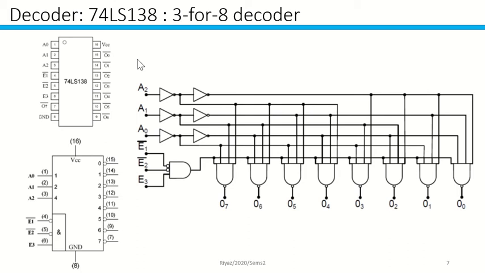This is an example of a decoder, the 74LS138. This is a 3 to 8 decoder. You're going to have a similar situation to this diagram.